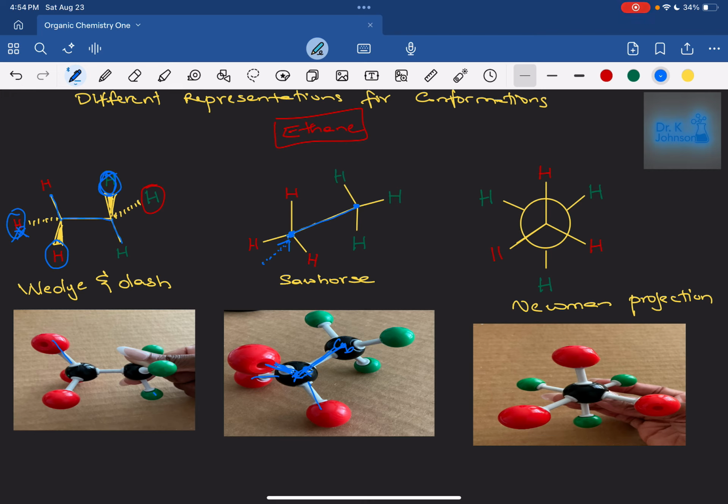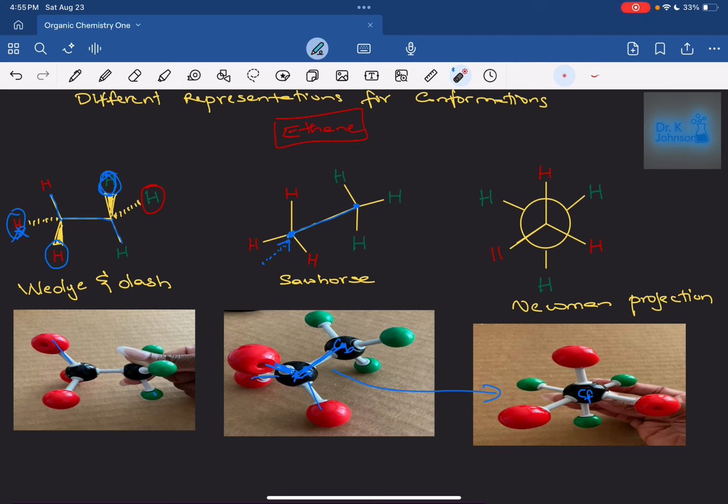So this sawhorse can be oriented to where the front carbon blocks out the back carbon, which is why you don't see it. You can turn this to get this. Just turn the molecule until the front carbon blocks out the back carbon completely, which is why you cannot see it. So when we draw the Newman projection, this is how we do that.